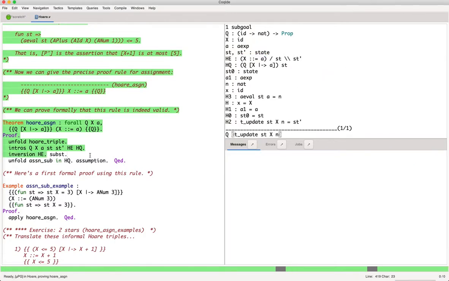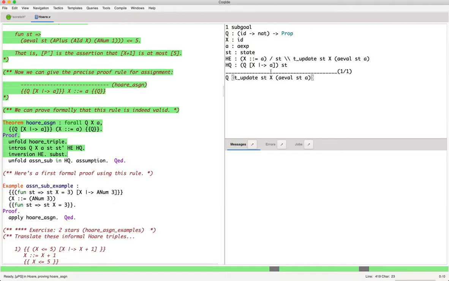If we do an inversion there, we now have that st prime must be this state, because that's what the evaluation relation says for assignments. We can then simplify the substitution here using an unfold, and lo and behold, you notice that the state that Q is being applied to here is exactly the state that we had up here, and so now we've got that HQ is exactly what we want to establish the postcondition.